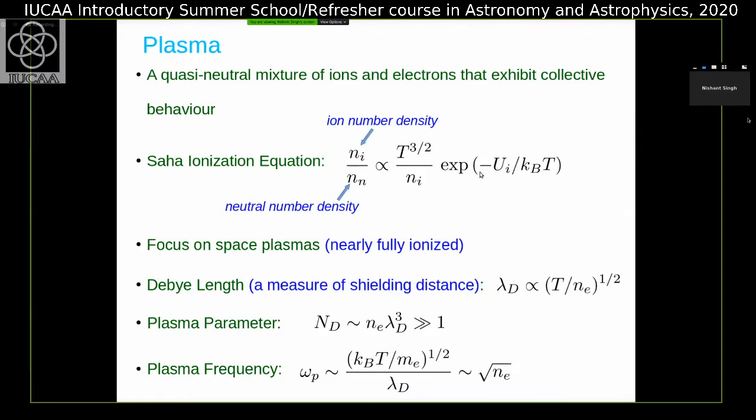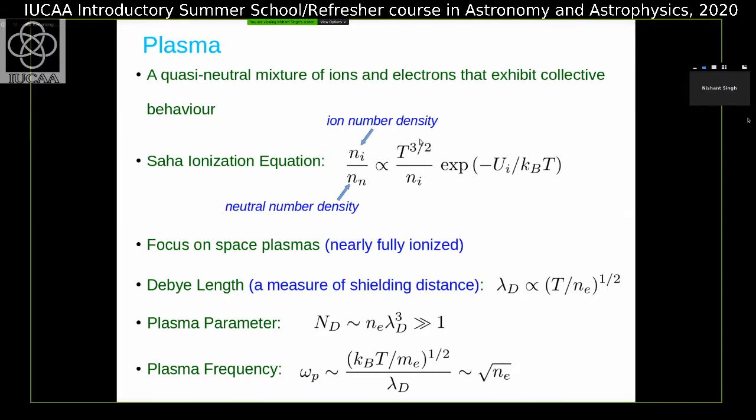And one important equation to look at is the Saha ionization equation. You can read more about this. I'll just briefly sketch that the number density of ions divided by the number density of neutrals takes this proportionality. In most of these parts I've only emphasized the dependencies.